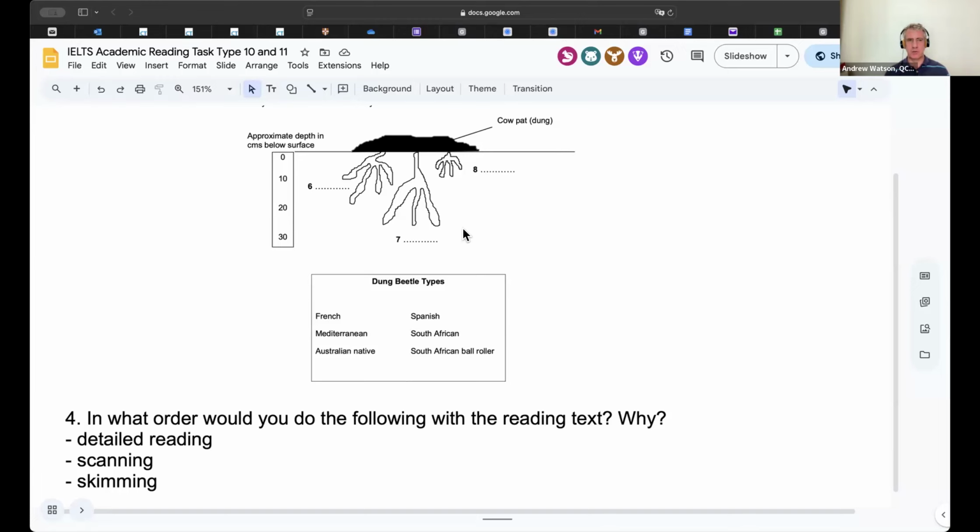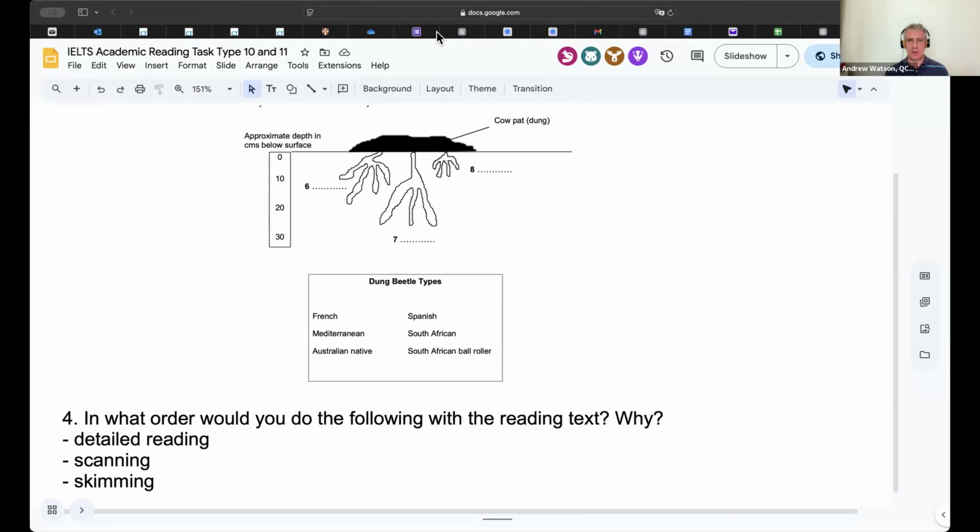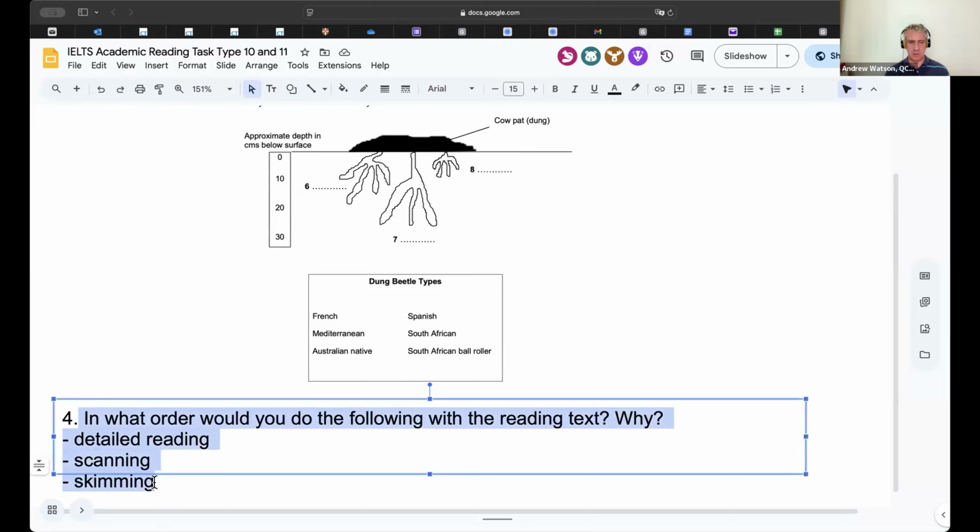Okay, I'm going to put you into pairs or trios, and I'd like you to answer question 4 here. So in what order would you do the following with the reading text and why?